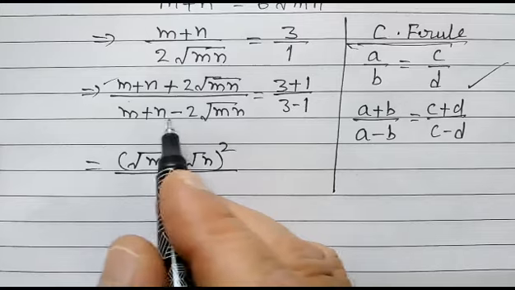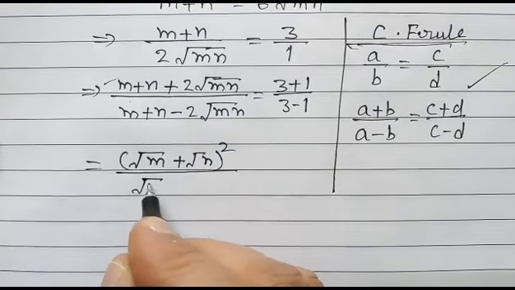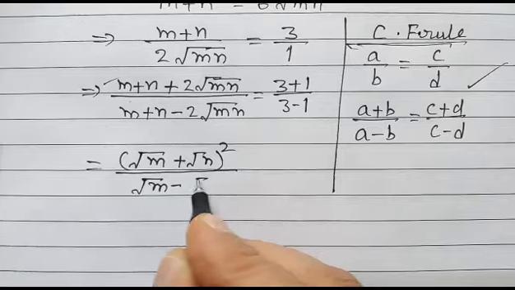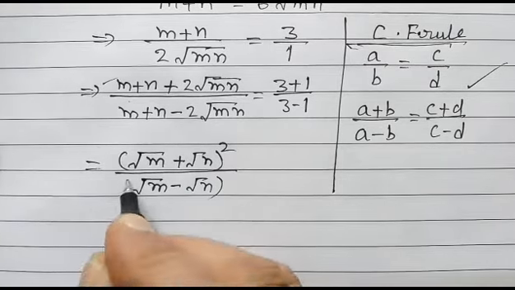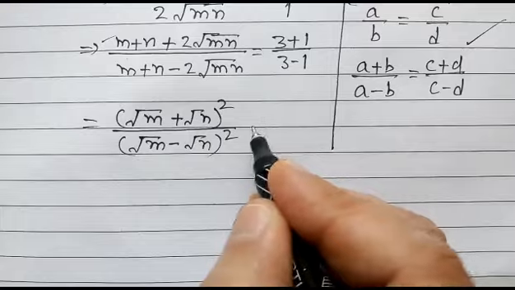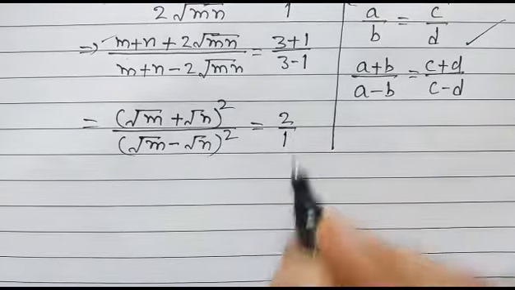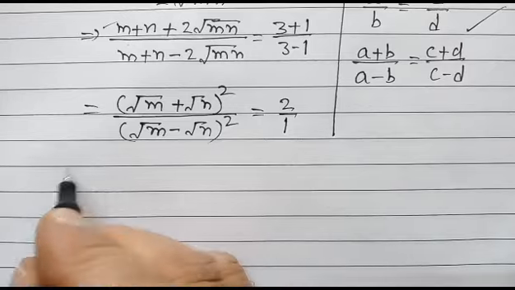Same way, the denominator can be written as (square root of m minus square root of n) whole square, which is equal to 2 over 1.